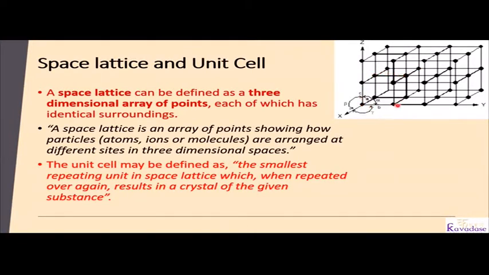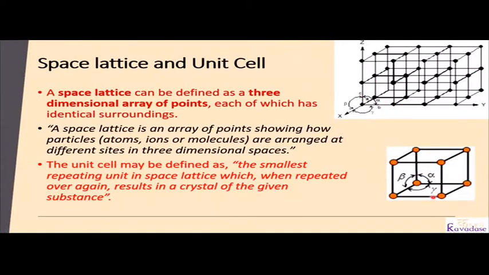If I repeat this unit cell multiple times, making this rectangular array in the x direction, y direction, and z direction, then we will get the space lattice. So a unit cell may be defined as the smallest repeating unit in a space lattice. This is completely the space lattice, and this is the unit cell in this space lattice.